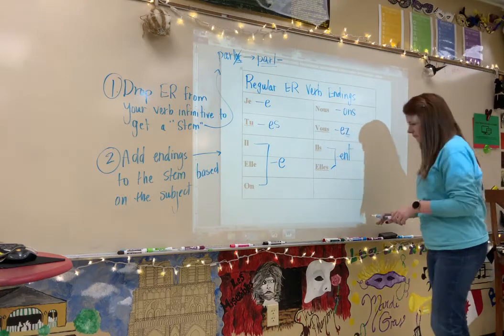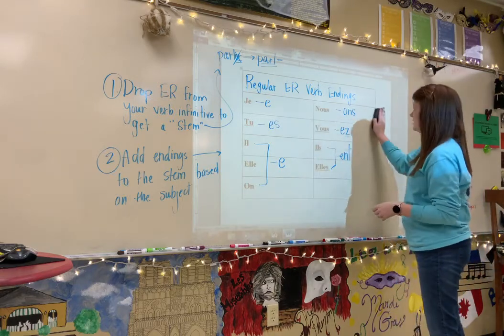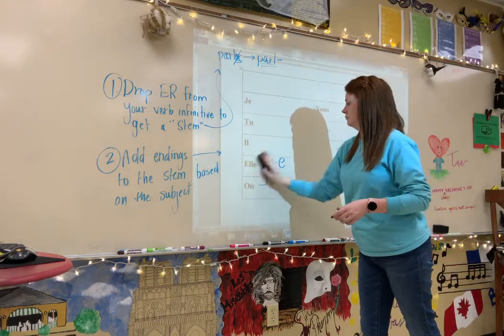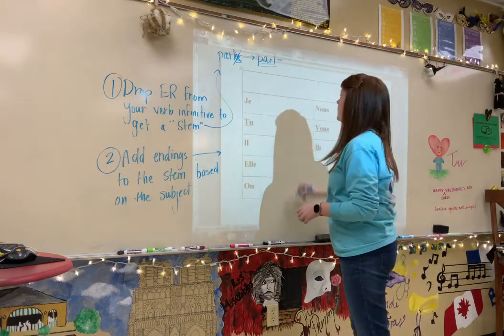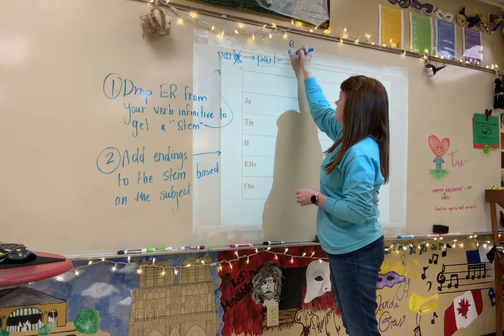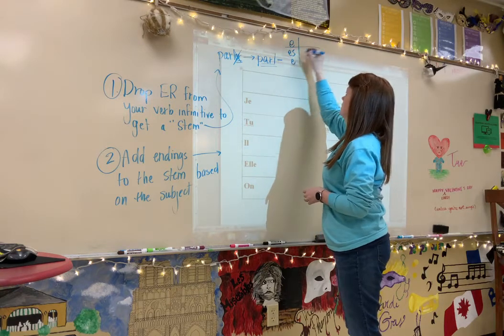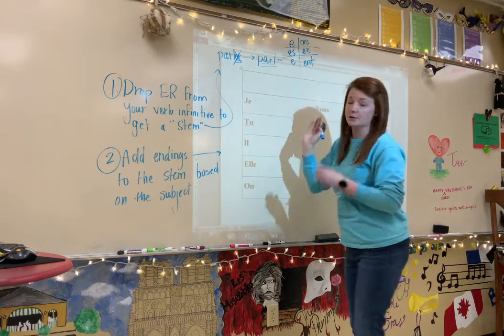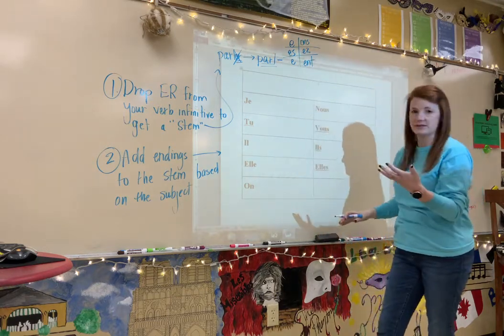So let's take parler. I'm going to write your endings up here all the way at the top. You have E, E-S, E, O-N-S, E-Z, E-N-T. So they're there, and you can see where I'm getting this stuff from.